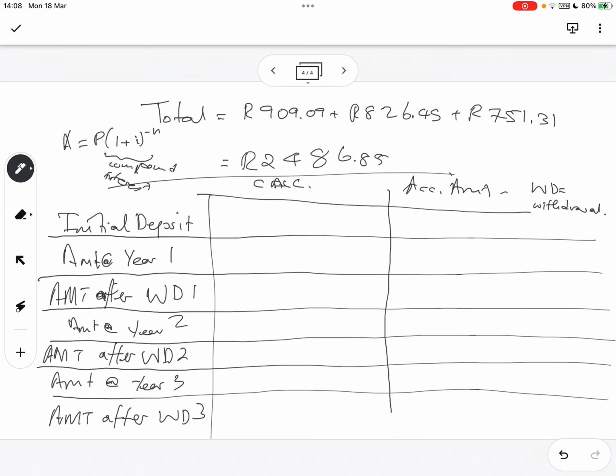How much will she have to deposit now so that she'd be able to get 1,000 in 2 years' time? And how much would she have to deposit now so that in 3 years' time she can withdraw 1,000? So the initial deposit we can leave blank, because we know that at the end of 3 years she will have had an accumulated amount of 2,486.85.